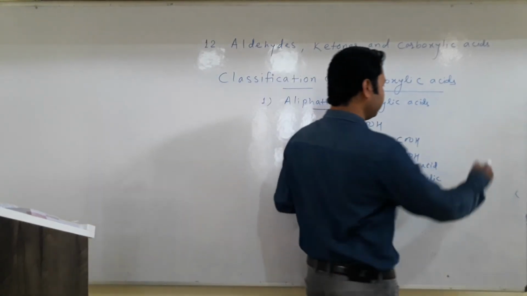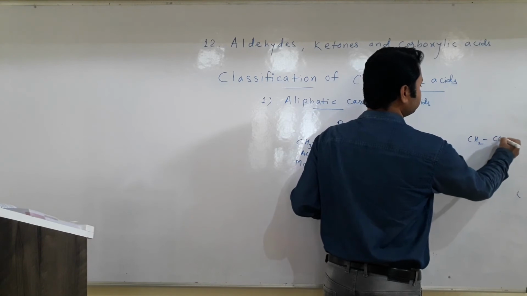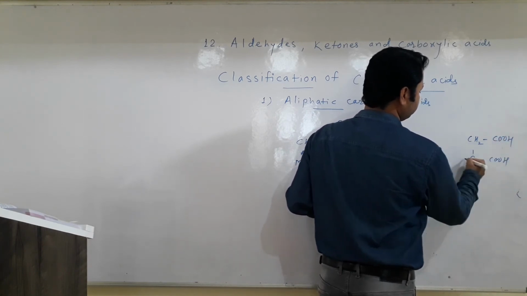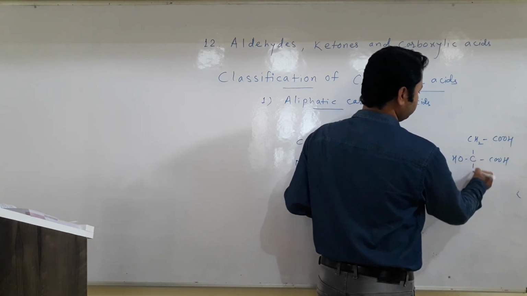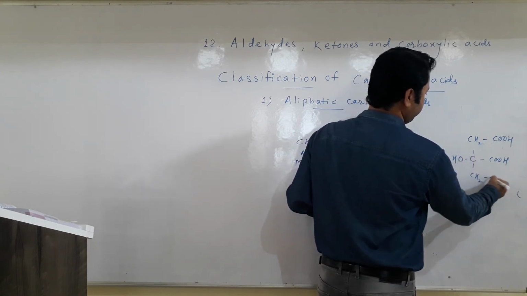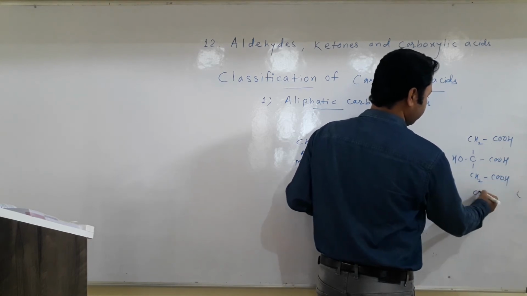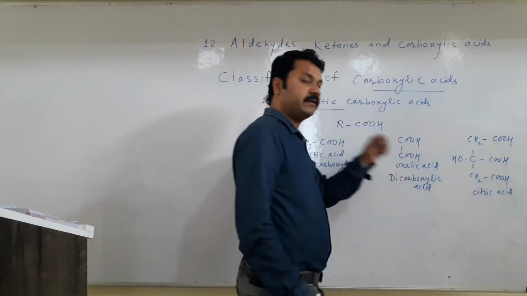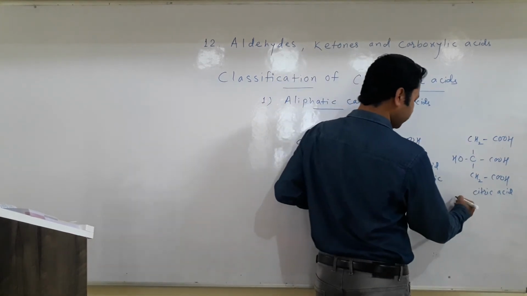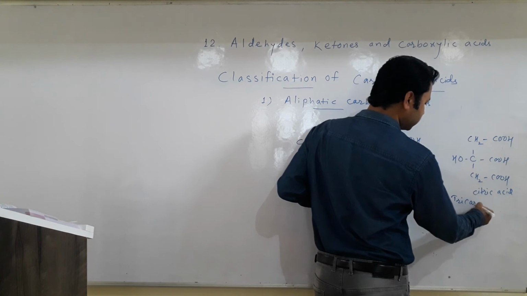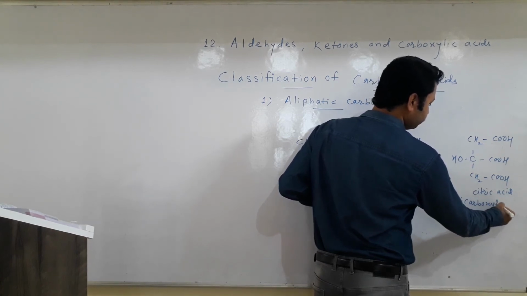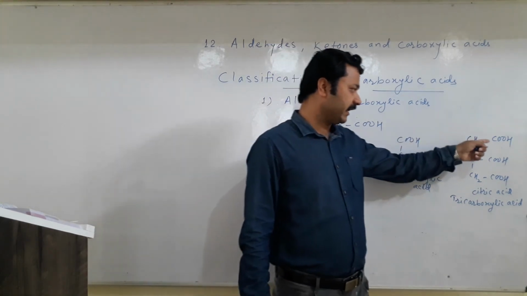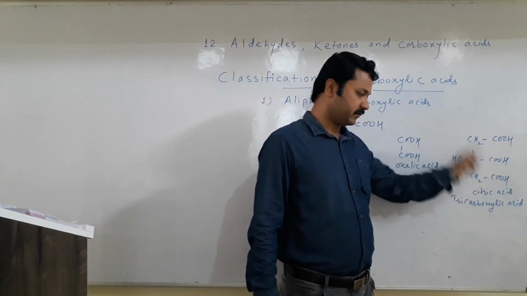We take an example. Citric acid. It is called tricarboxylic acid. Because in this example there are three carboxylic groups.